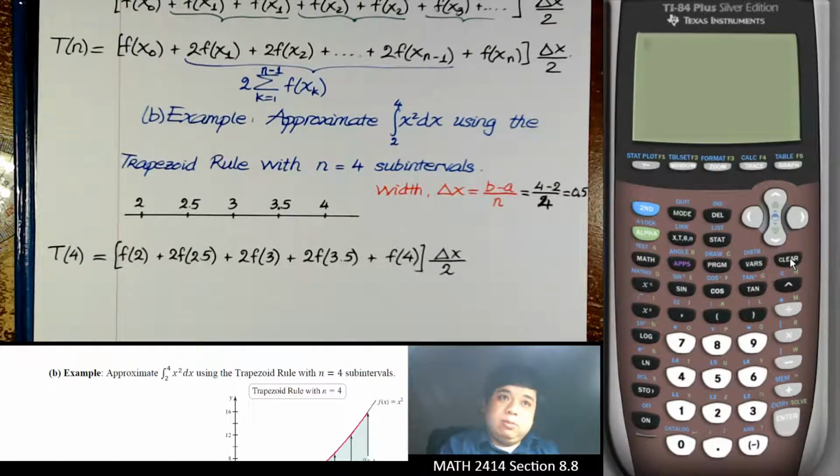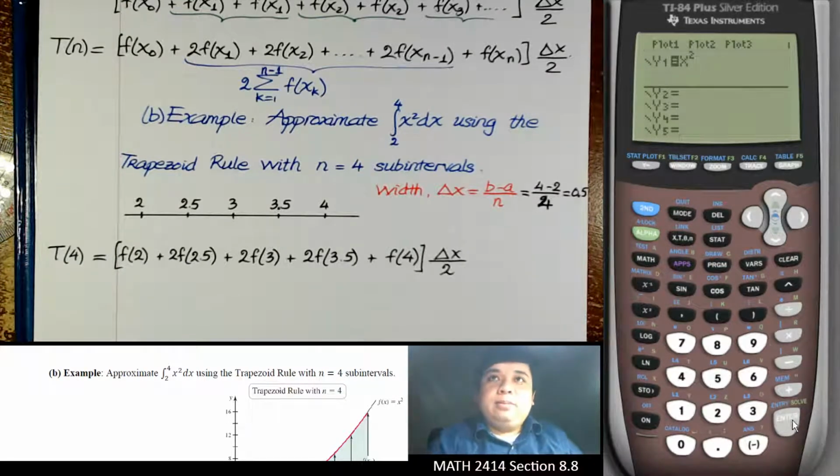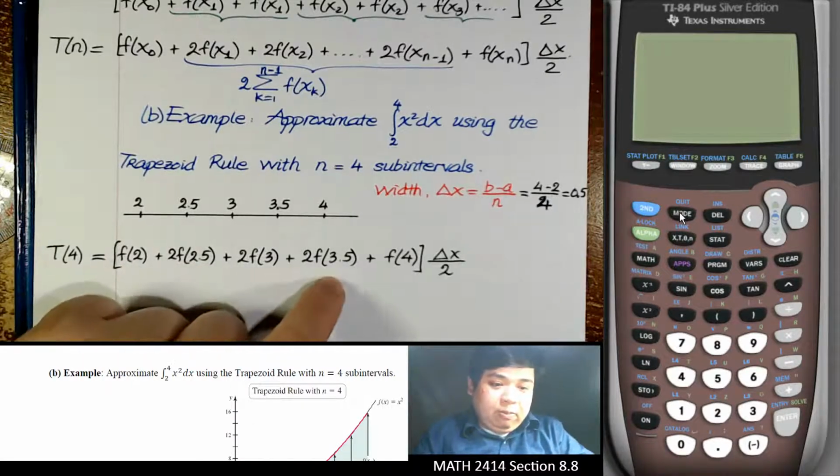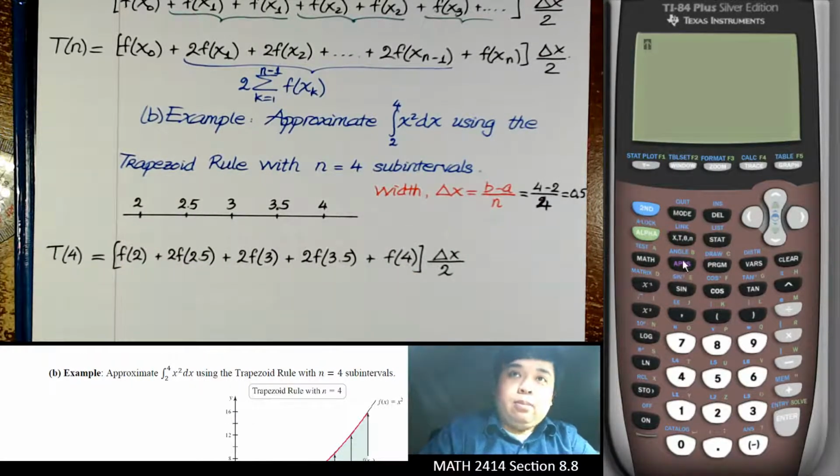Right. Now, first, the function, of course, x squared. So x squared is the function. Now enter the points into a list: 2, 2.5, 3, 3.5, and then 4.